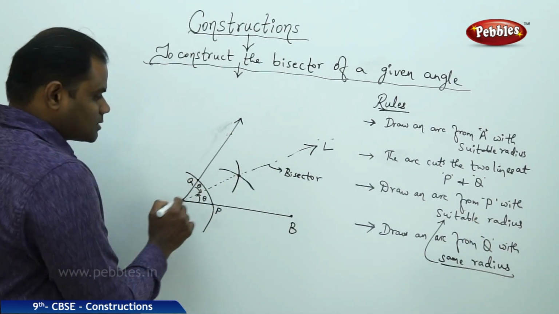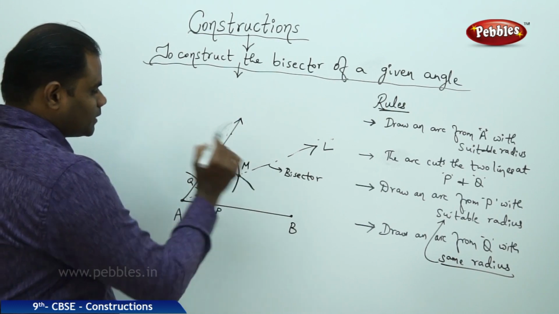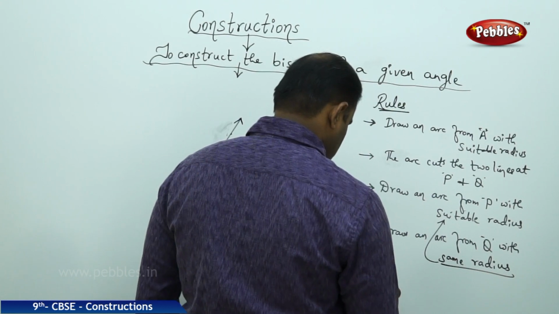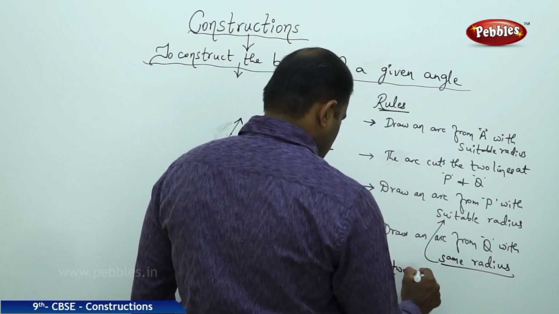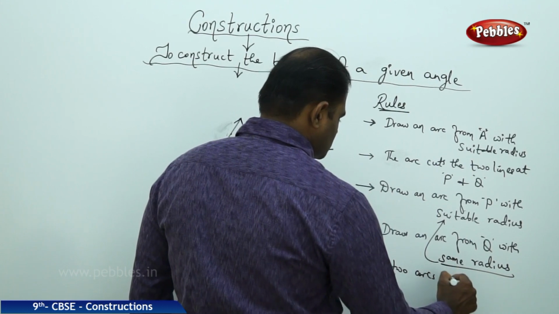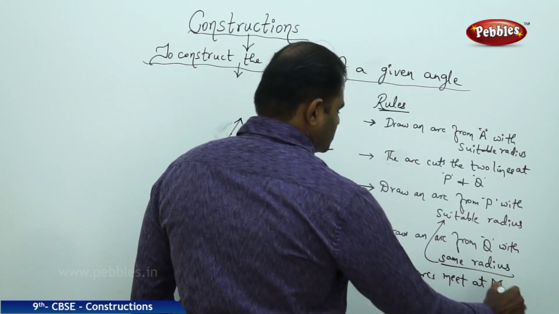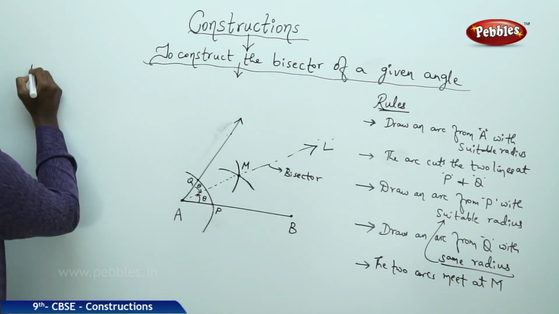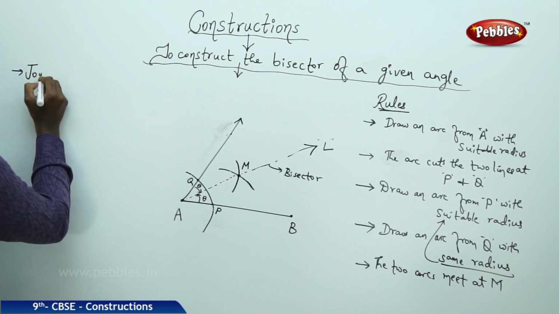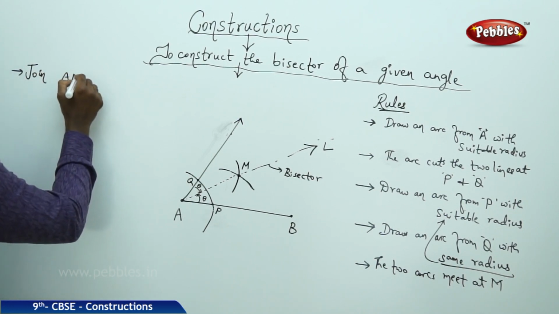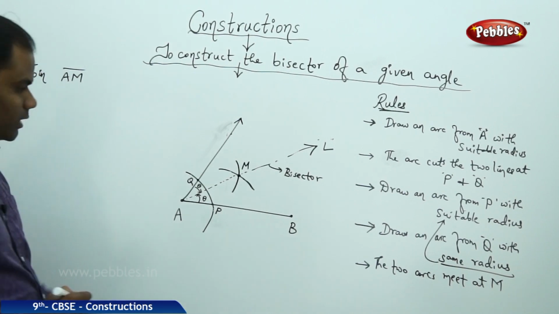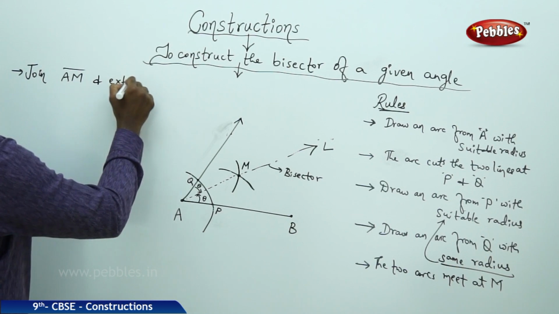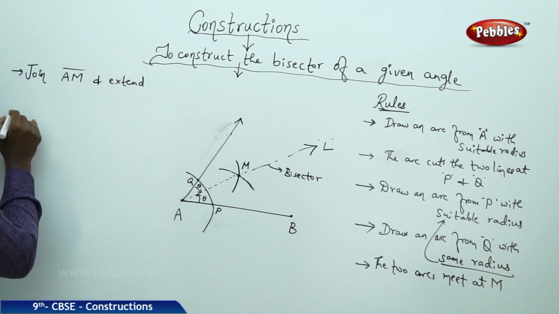So therefore the two arcs meet at M. The two arcs meet at the point M, and then the next step is to join AM. So I join AM and extend it.